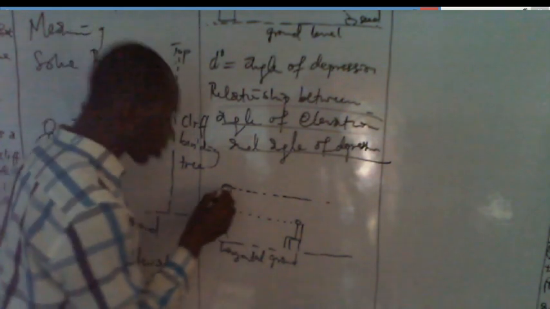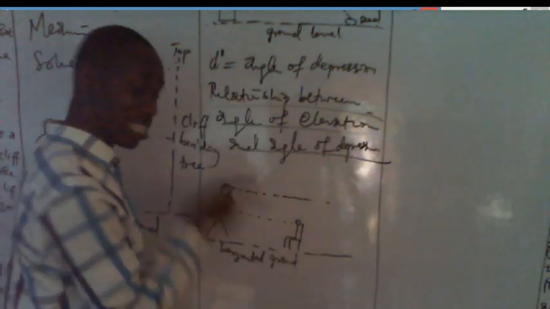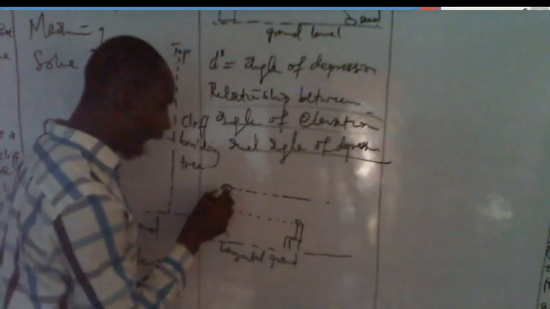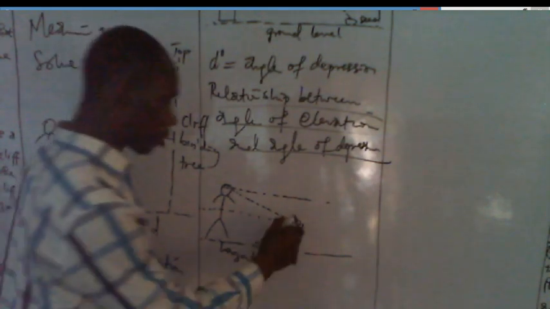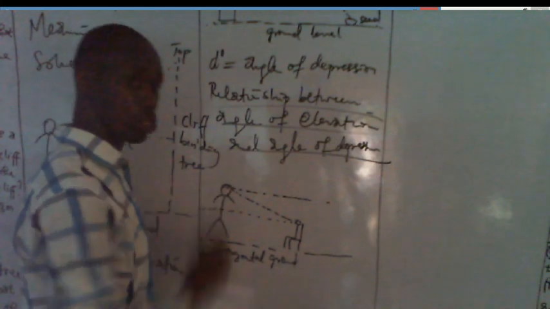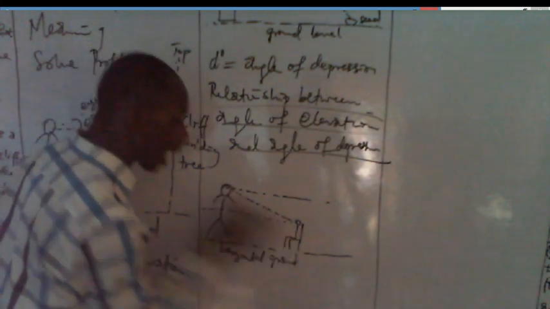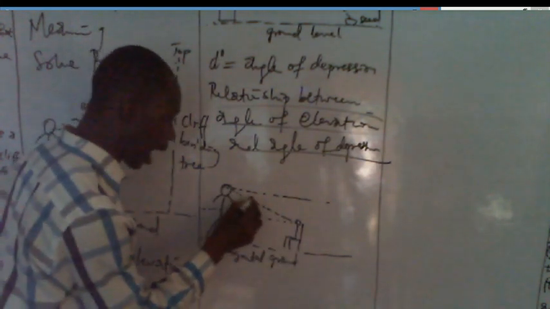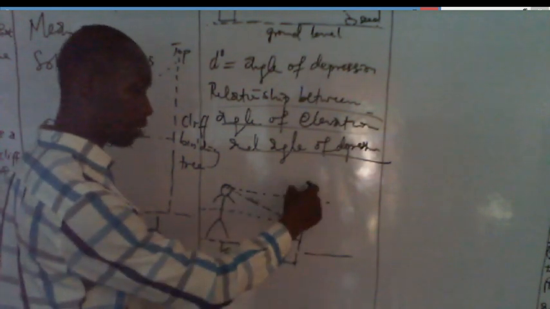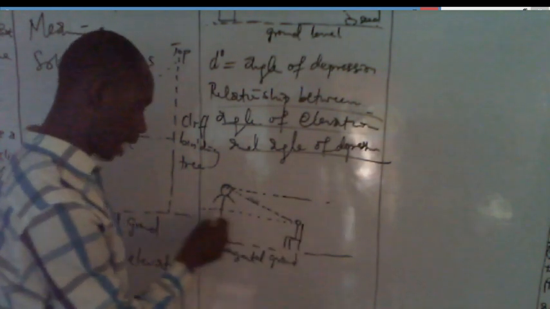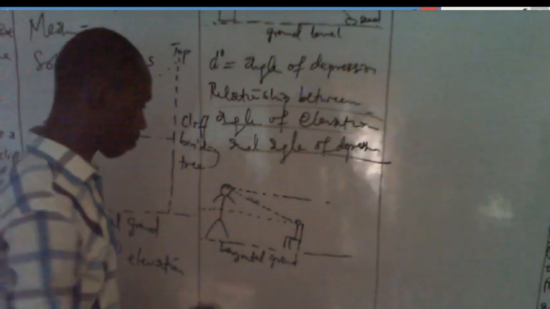Now, the teacher, to see the student he is teaching, has to look down to see the student. For the student to see the teacher, the student has to look up to see the teacher. Their two eyes have contact, so this is their eye contact. This line is the line of their eye contact. This line is the line of the teacher's eye level. This line is the line of the student's eye level.